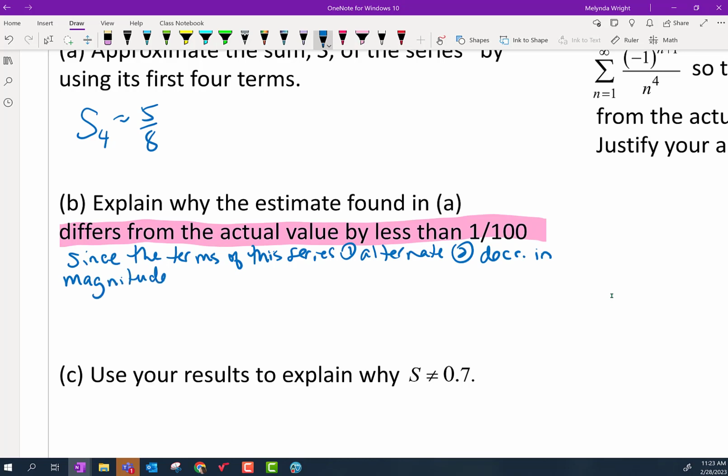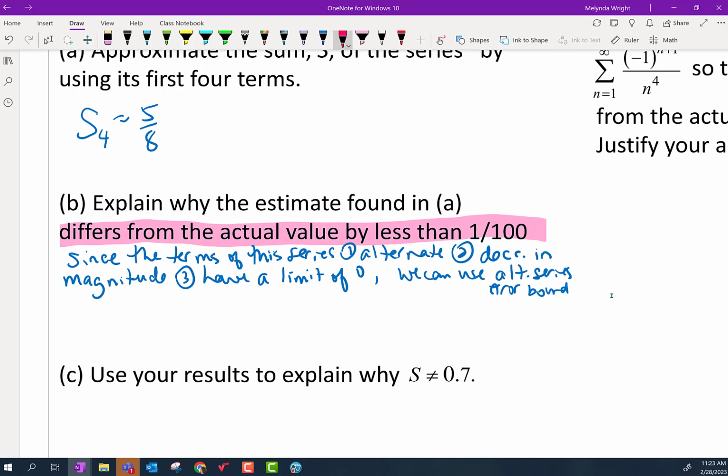It's important to say decrease in magnitude because you know they go back and forth, plus, minus, plus, minus. It's really important to say they decrease in magnitude. And 3, have a limit of 0. We can use the alternating series error bound.